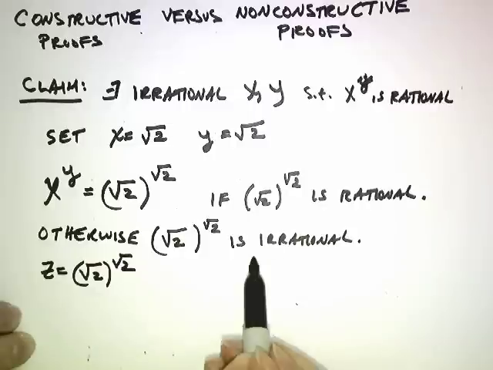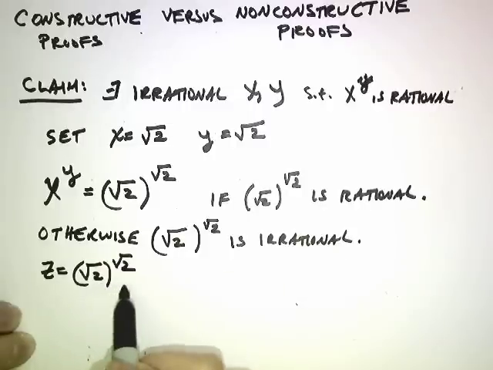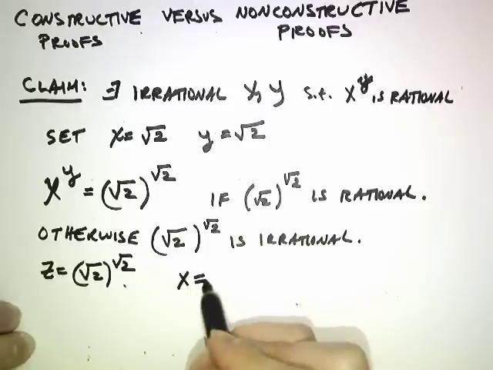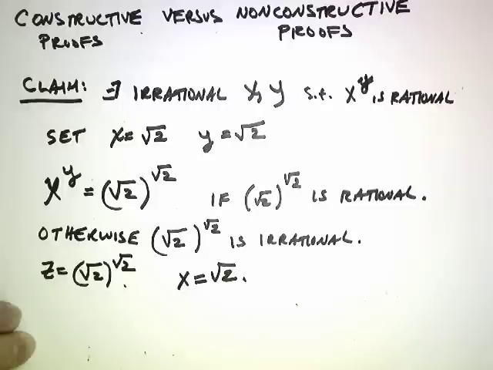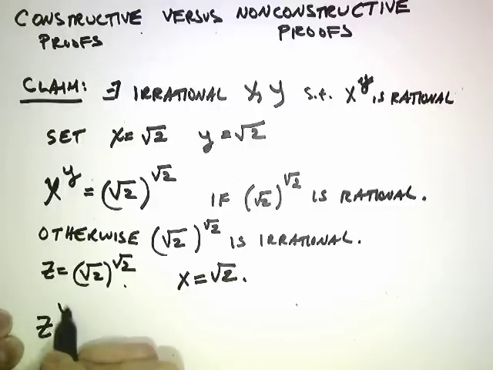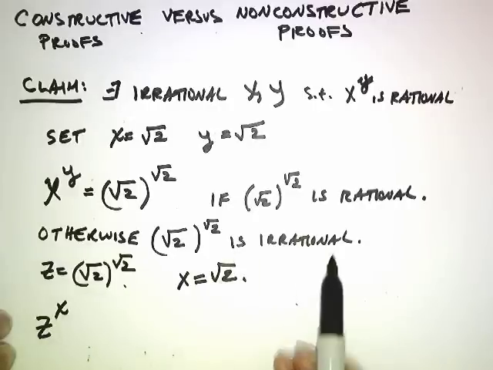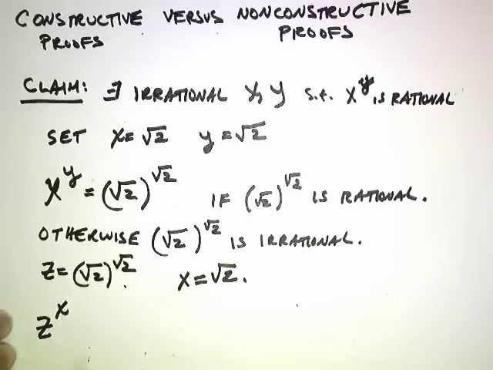Remember, we just said that in this case that we're looking at, z is irrational. And I'm going to remind you that x is equal to the square root of 2. So let's look at z raised to the power x. Remember, z is irrational. That's what we just concluded. And x is irrational.